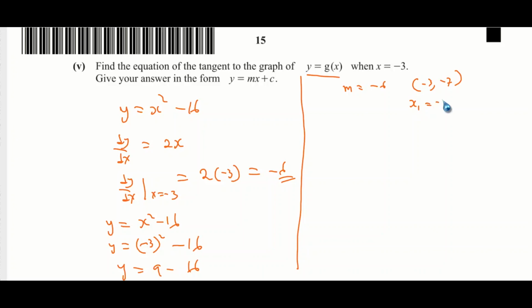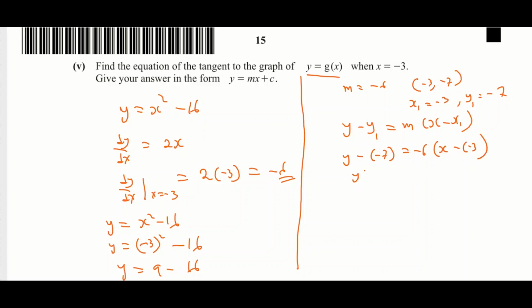That is x1 equals negative 3. Then y1 equals negative 7. So using y minus y1 equals m times x minus x1. So this will be y minus negative 7 equals negative 6 times x minus negative 3.